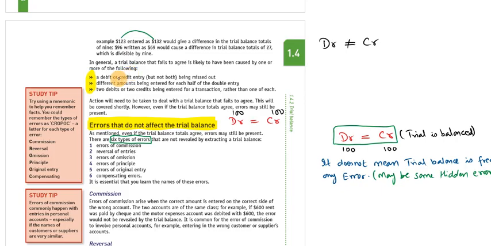For example, we have wrongly debited the asset by a wrong amount, or the asset should be written on the debit side, but instead of writing on the debit, we wrote on the credit side.